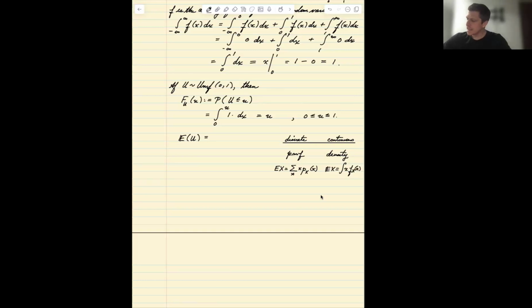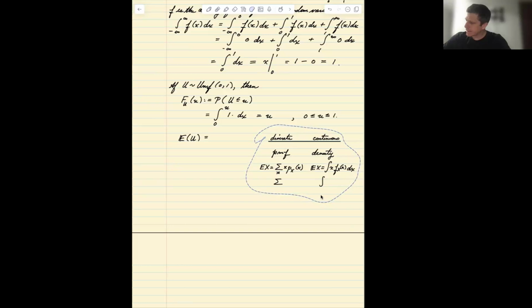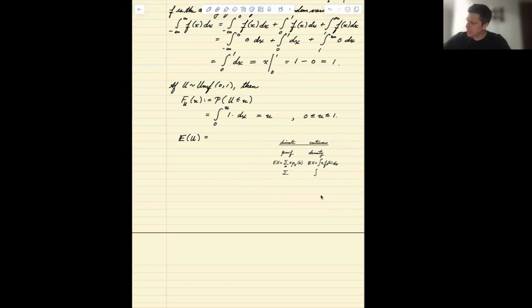So the point is that where we use sums in the discrete case, we use integrals in the continuous case. That's really the way to translate between these, and we're going to have plenty of opportunities to see how these things come to fruition over the coming several videos.